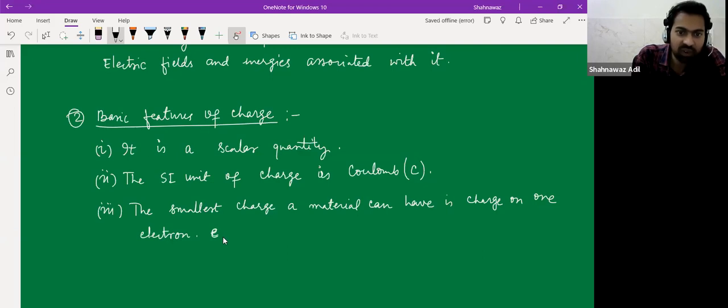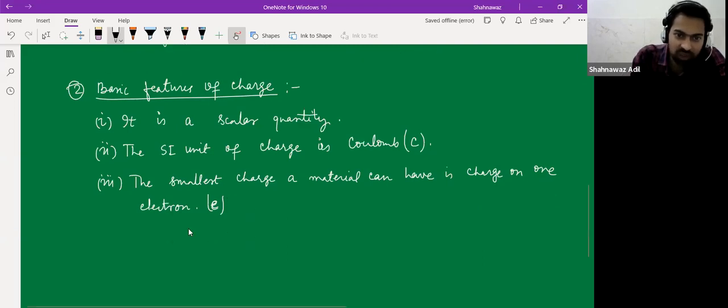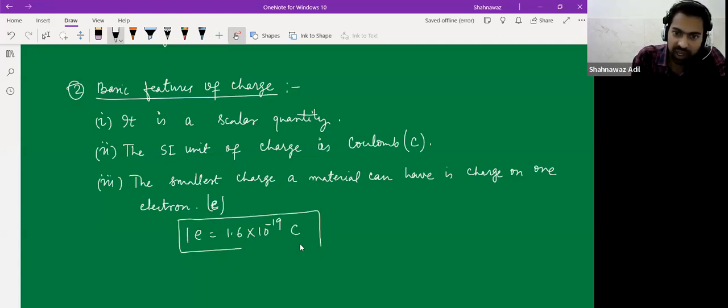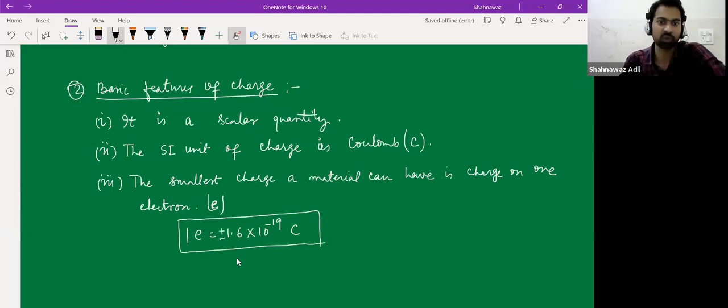And what is the value of e? One electron has 1.6 into 10 to the power minus 19 Coulomb, right? Absolutely right. So this is 1e, and this could be plus or minus depending upon whether you have a proton or an electron.